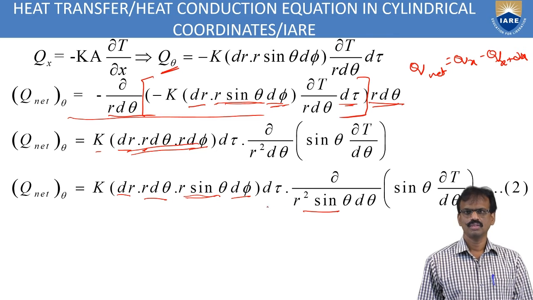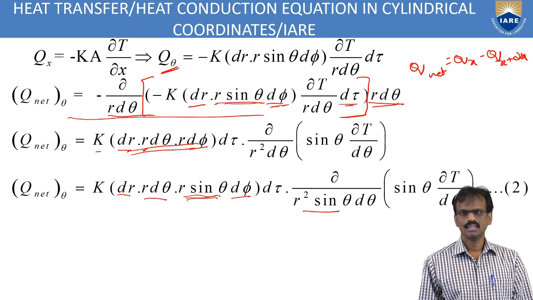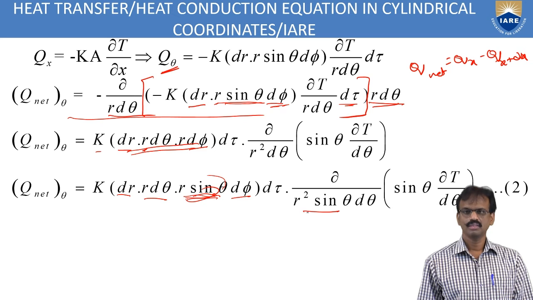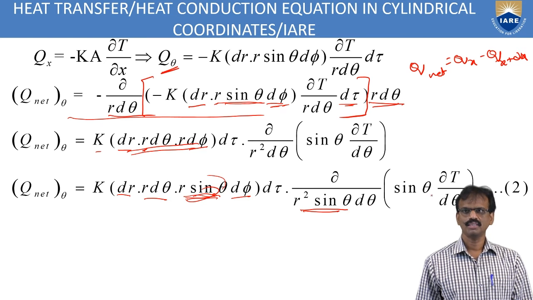So we take the r sin theta in the numerator part and denominator part. The numerator part comes here, the denominator part comes here: dou by r square sin theta, dou by d theta, into sin theta dou T by dou theta. So this is equation 2.